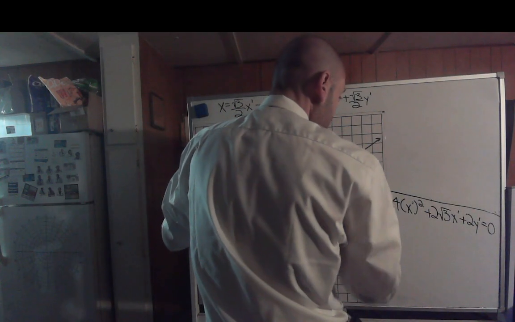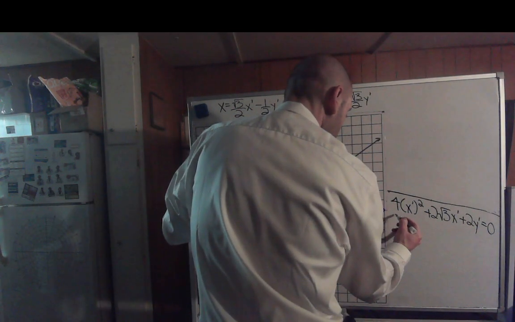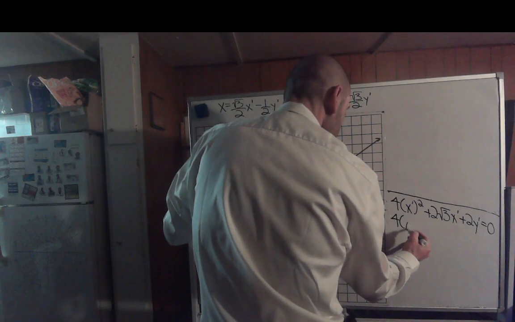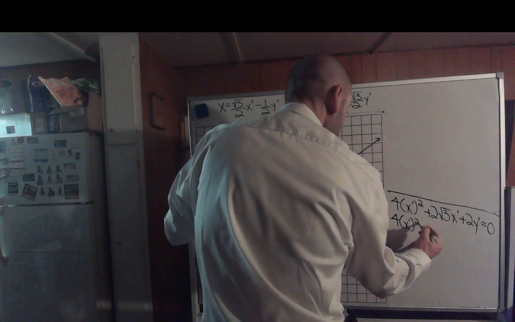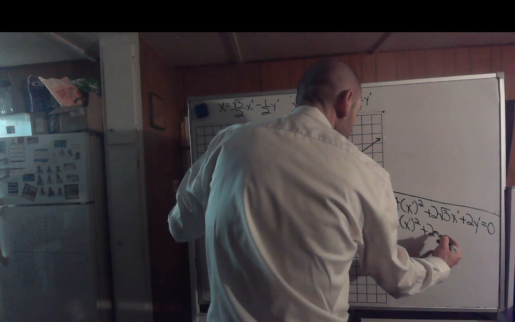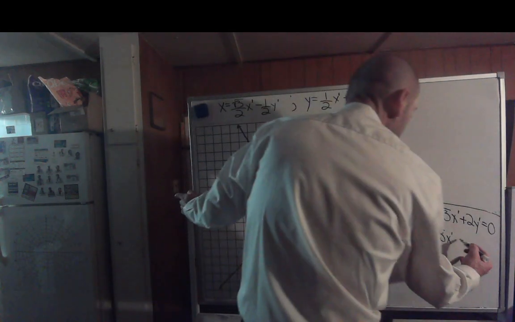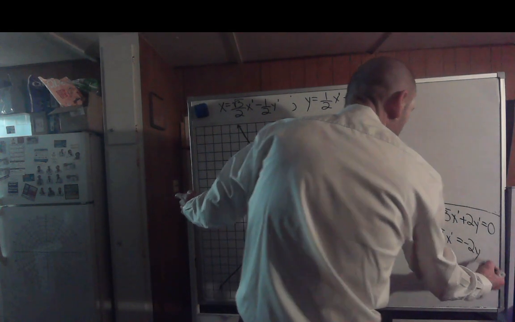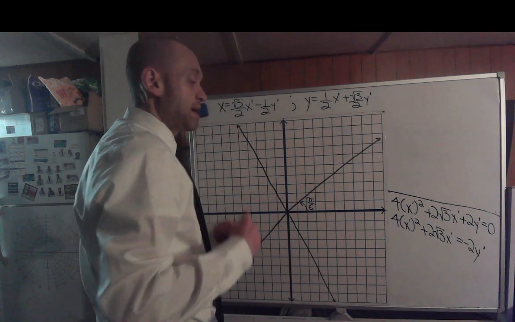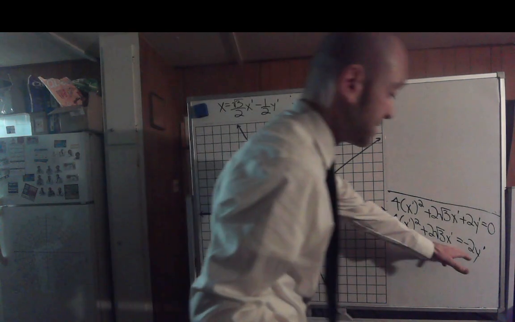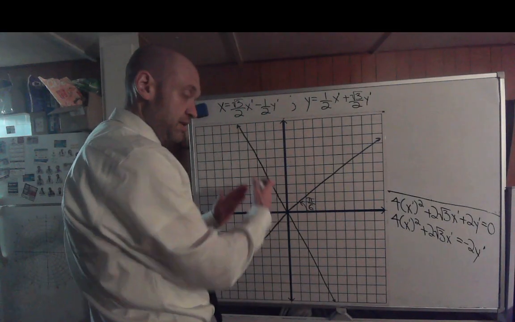So to simplify this, you'll have 4 times x prime squared plus 2 times the square root of 3 x prime is equal to negative 2y, or negative 2y prime. This will end up being a parabola with y-axis symmetry that's tilted.